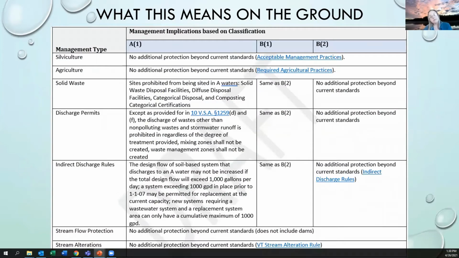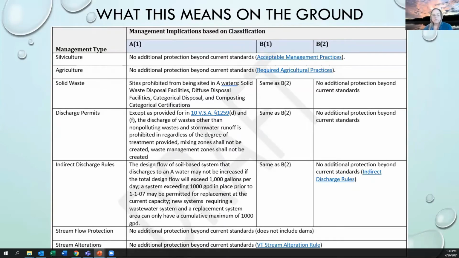So what does that mean on the ground as far as land use? This chart was created to compare. So what does it mean if we classify something from B2 to A1? What does that mean for your backyard?